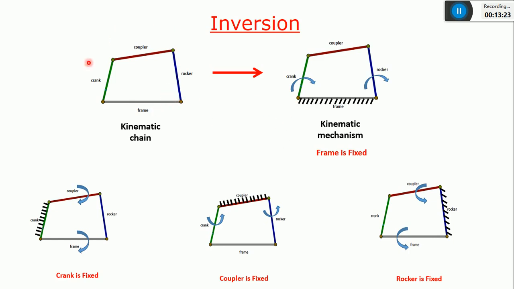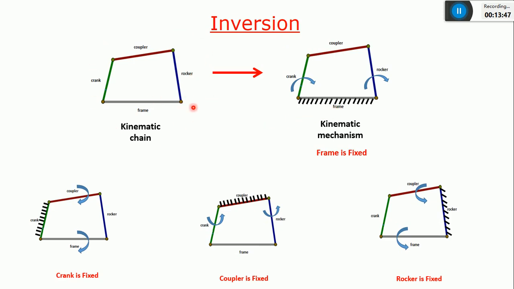Means first I'm going to fix the frame, I'll get one mechanism. The second one, I'll fix the crank, I'll get one more mechanism. Similarly, a third mechanism and fourth. Okay, all are inversions only. It means I can define inversion as a method of getting so many mechanisms by fixing different elements or by modifying some elements of a kinematic chain.